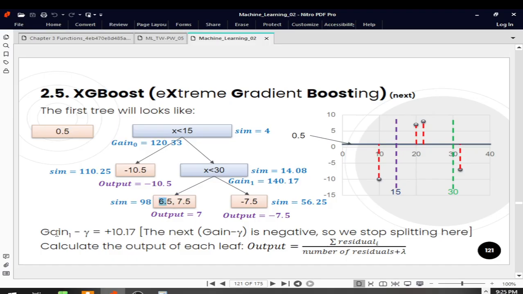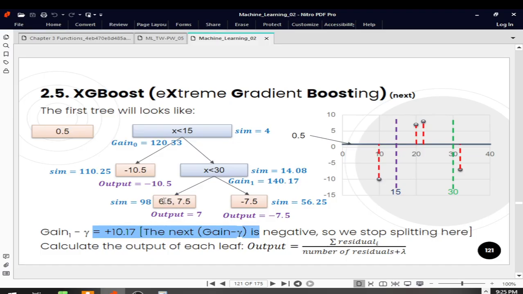You measure the gain and subtract from it the 130, you will find it negative or null, so it is not useful, so we are not going to keep it. This is mentioned here. It is not deduced, it's calculated, but it has just been put here briefly. It says it's going to be negative, so we stop splitting. We don't need to split any further.